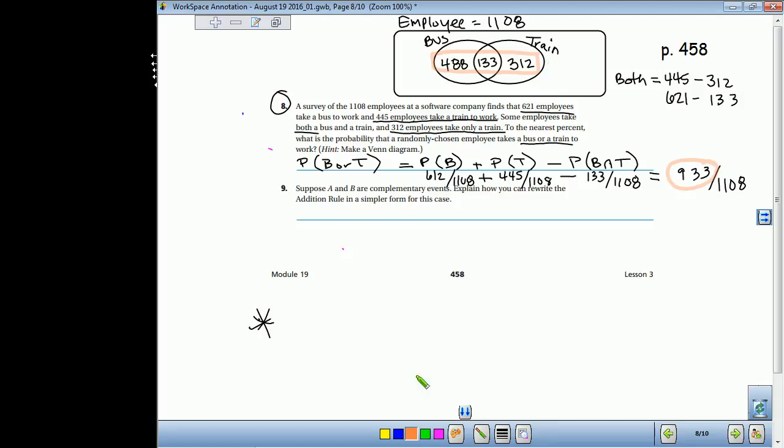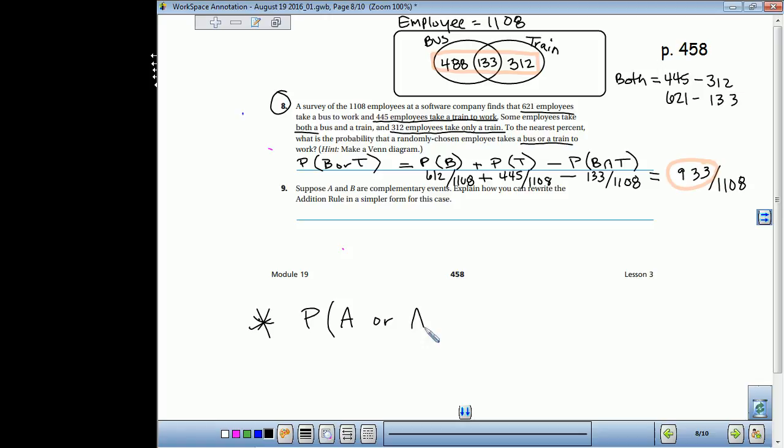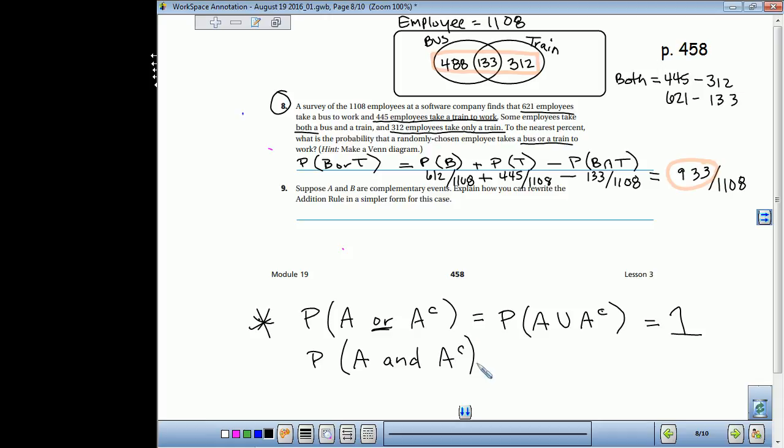Now, the last thing I want to talk about is the probability of an event or its complement. Think about an event and the complement. Think about what that means. When I say the word or, what is this going to add up to? 1. Very good. What about the probability of an event and its complement?